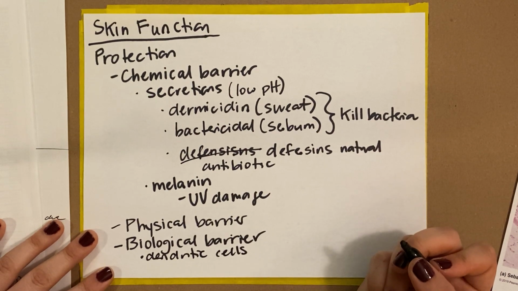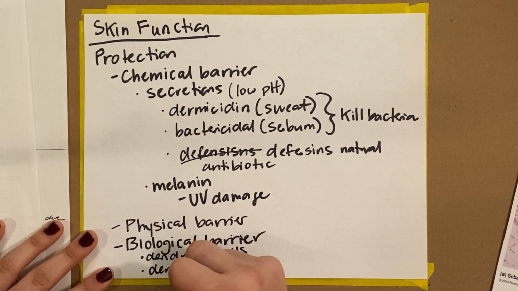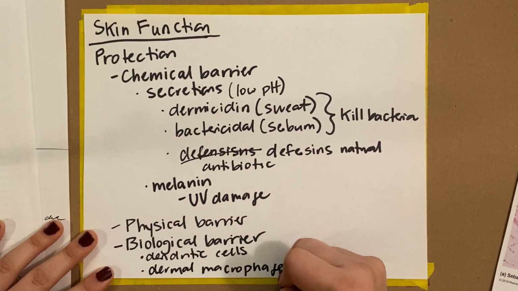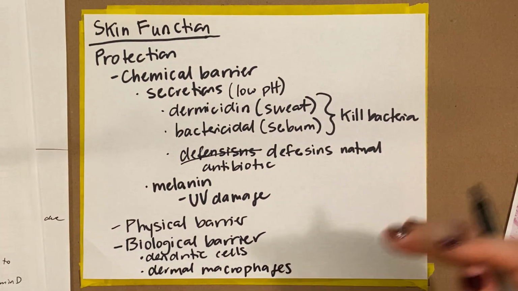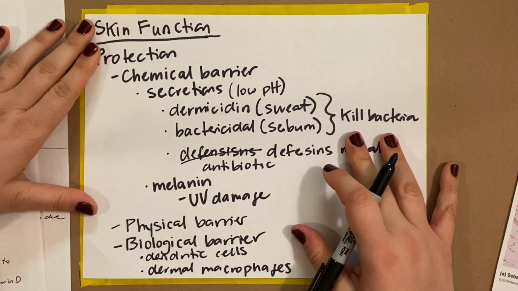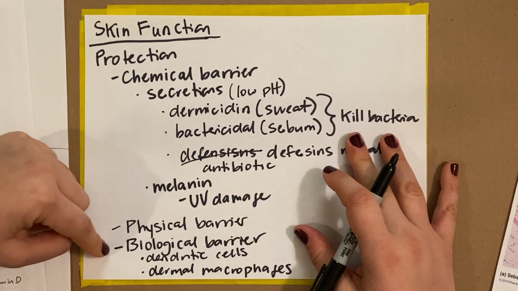Okay, so those are going to be immune cells basically. And then we have dermal macrophages. Okay, so both of these are going to be helping protect against invaders getting into the skin. Okay, so these are the major protection: chemical barriers, physical, and biological.